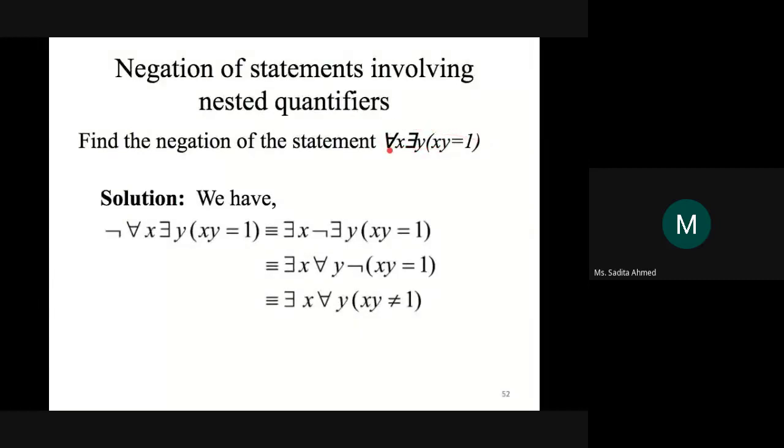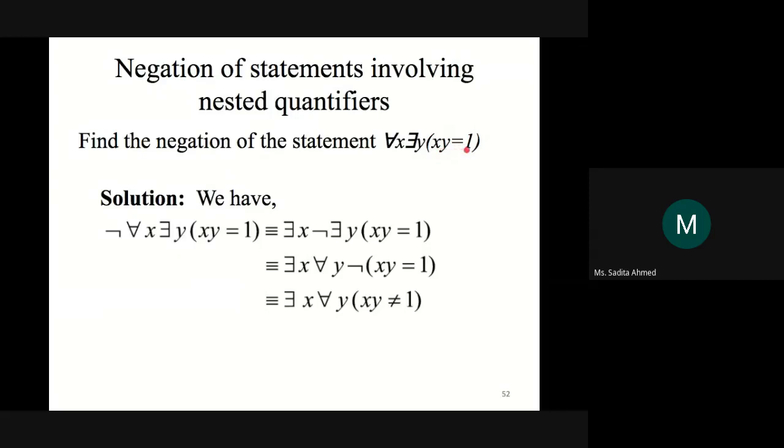So it means that for all real numbers x, there exists at least one real number y such that xy equals 1. That is, every real number has at least one inverse. Basically, every real number has at least one real number, the product of which will give 1. xy is equal to 1.